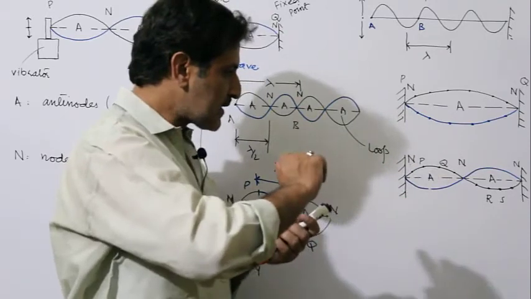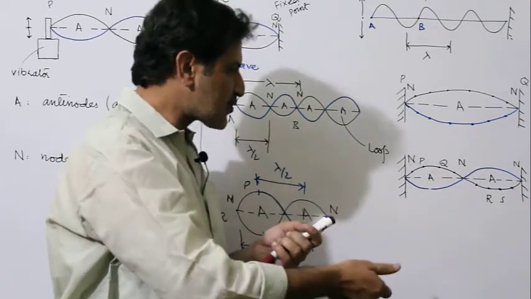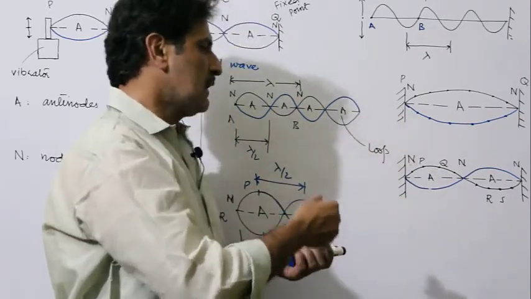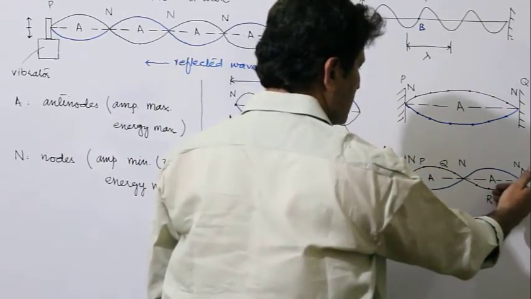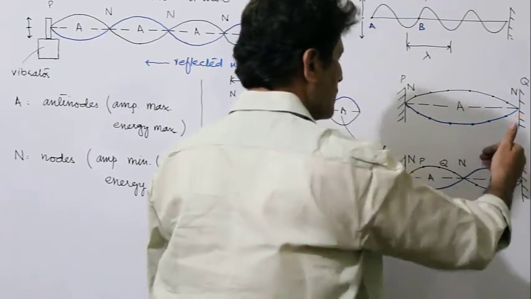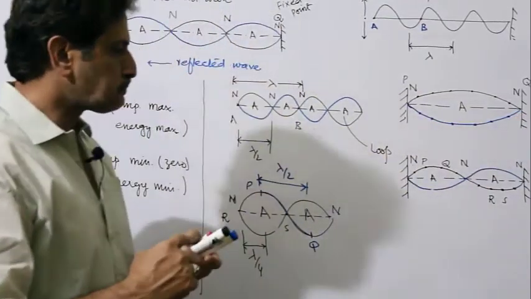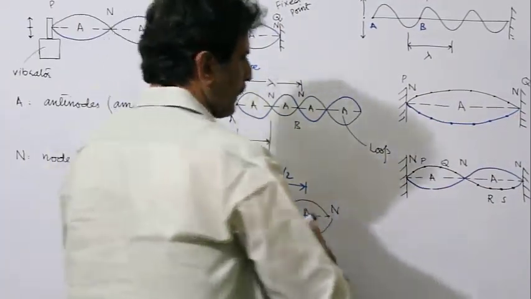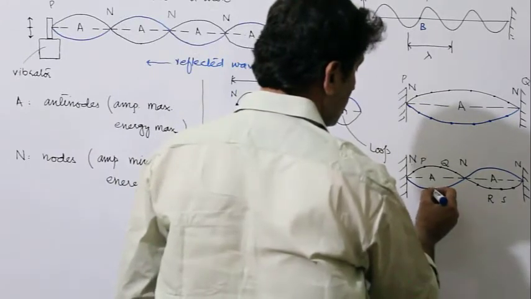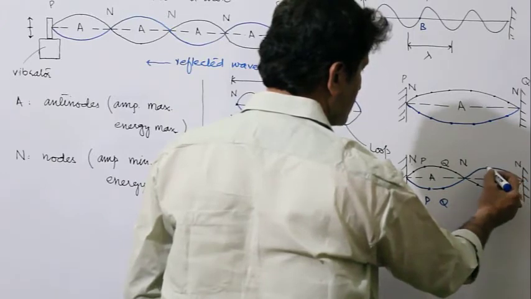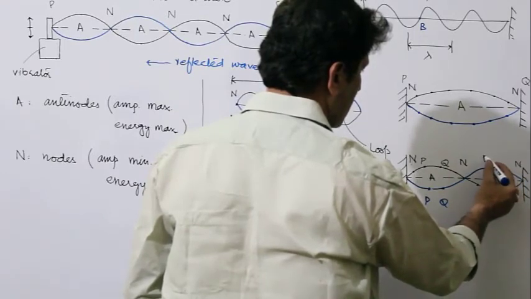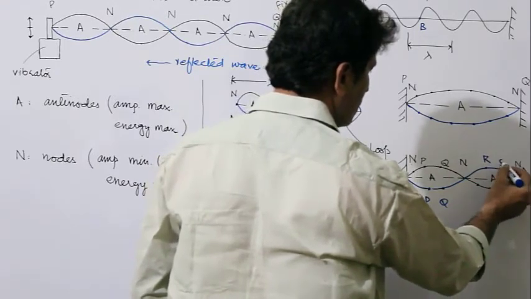And P and Q particles are moving with the same speed in the same direction. So that's why they will move downwards, and particles R and S will move upwards. So we can say that in the next position, the particles P and Q will be here, and after some time the particles R and S will be here.